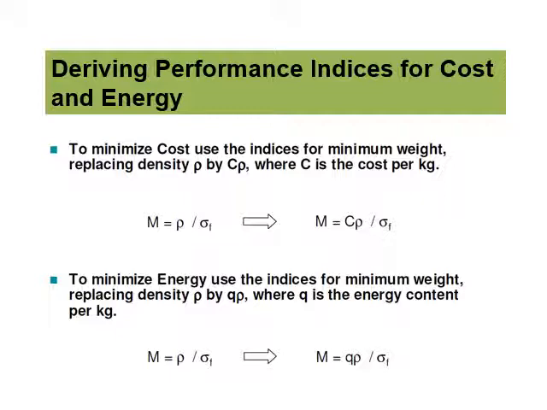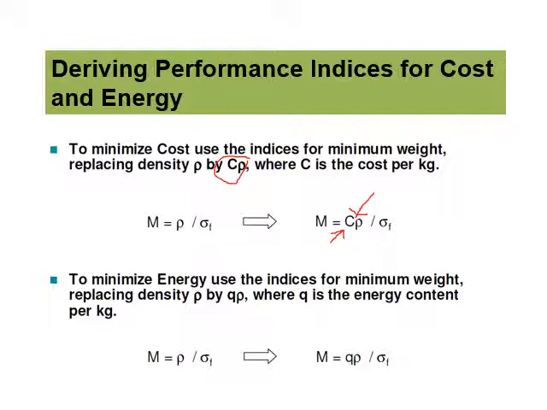Over here, you can put Cp, which is the cost per kilogram. So cost per kilogram needs to be related with the density. And then C is the unit in either currency, ringgit Malaysia, dollar, pound, and so on.